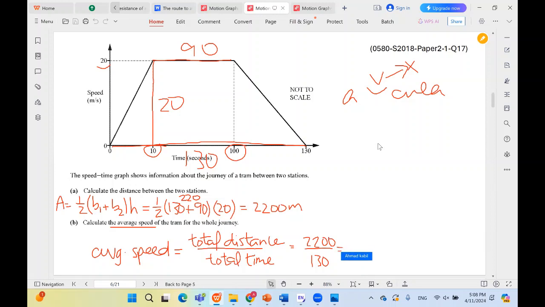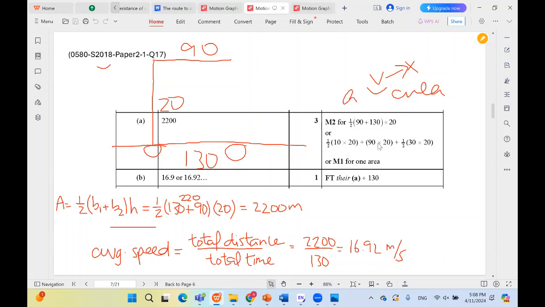So 2,200 divided by 130 gives us 16.92 meters per second. So 2,200 and 16.92 are the correct answers.